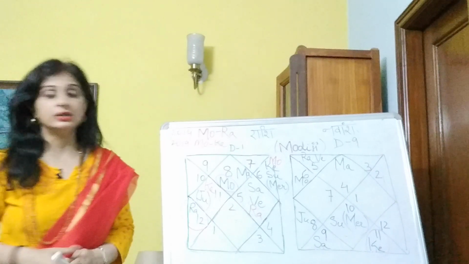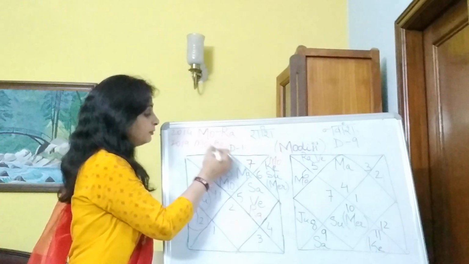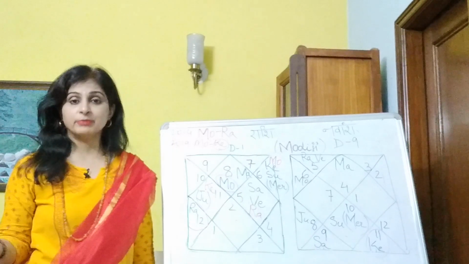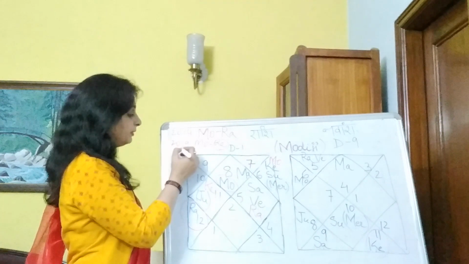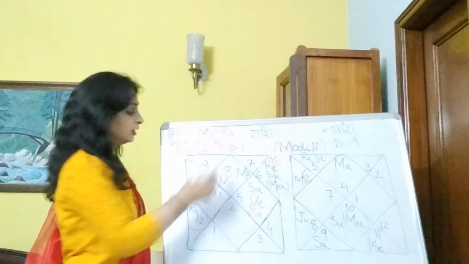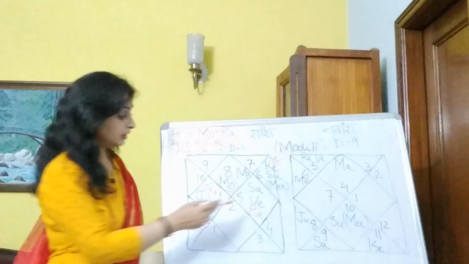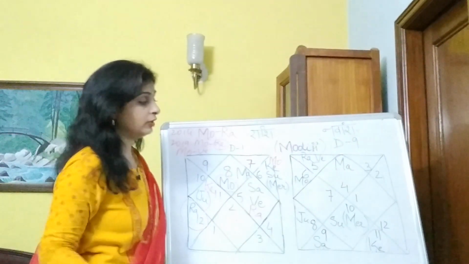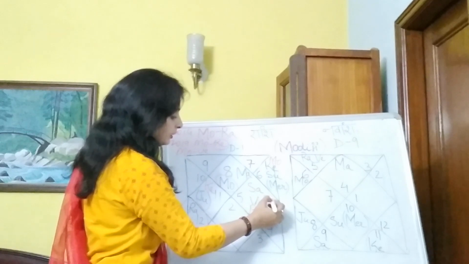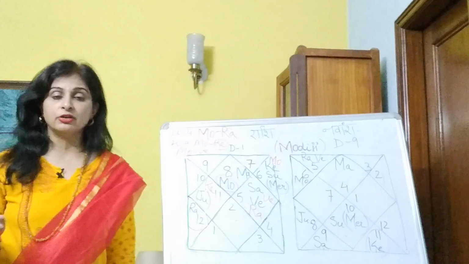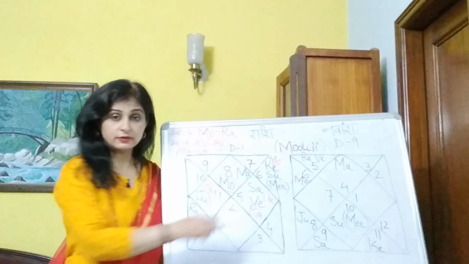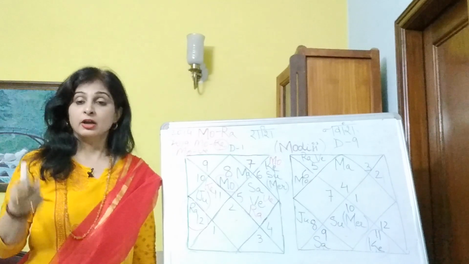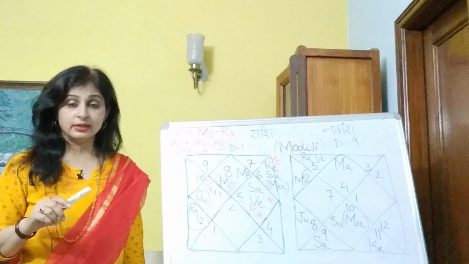Now the good news is that his Antardasha would be changing in September 2020. A couple of months to go, and at that time he will be under the Dasha of Moon and Venus. And the good thing is that his Venus is Vargottami. It is here in the Leo sign, and here also it is in Leo. So we will put the Venus here itself. During the Dasha of Venus, he will get excellent results of the 10th house, which is being in power. He will be applauded for whatever work he has done up till that time.